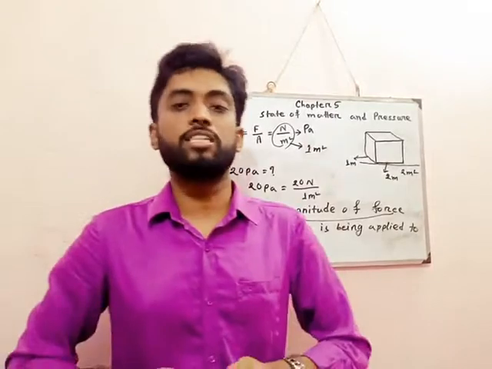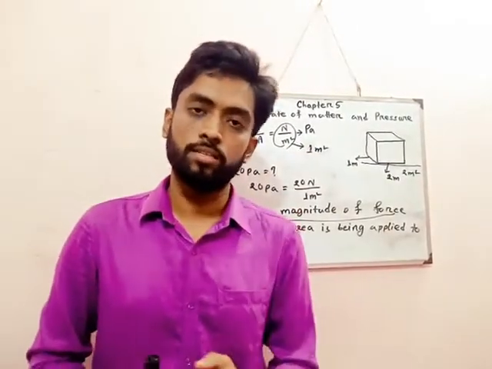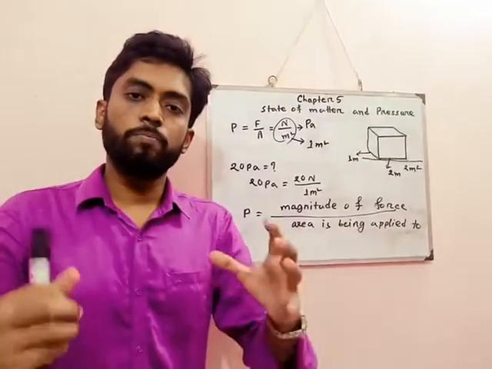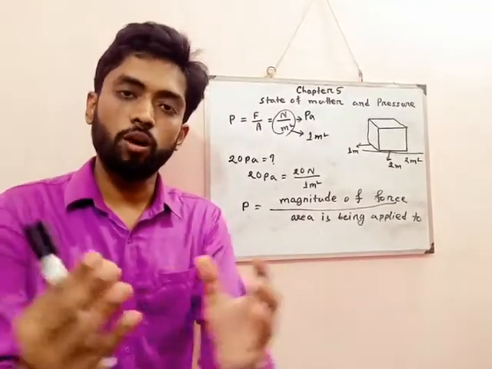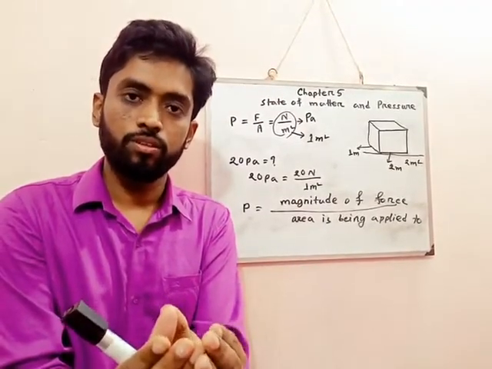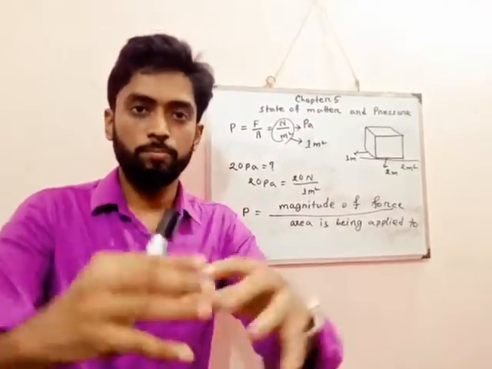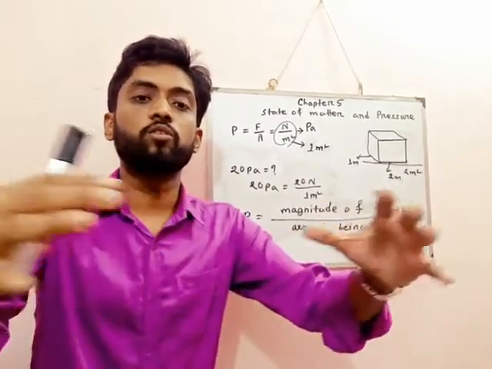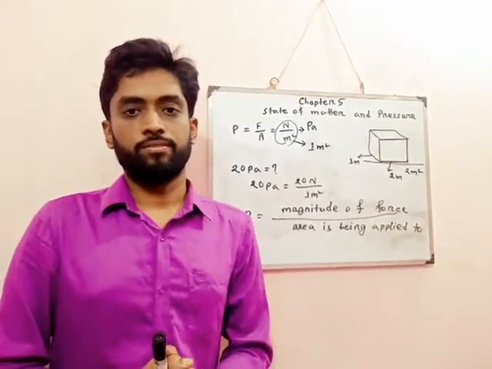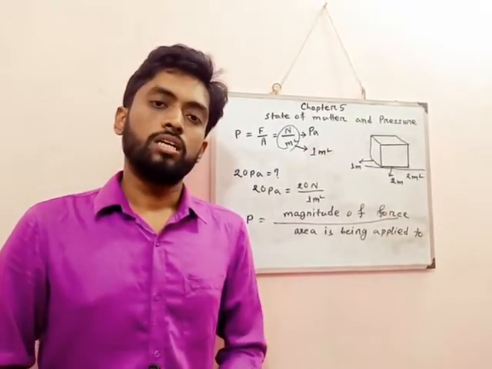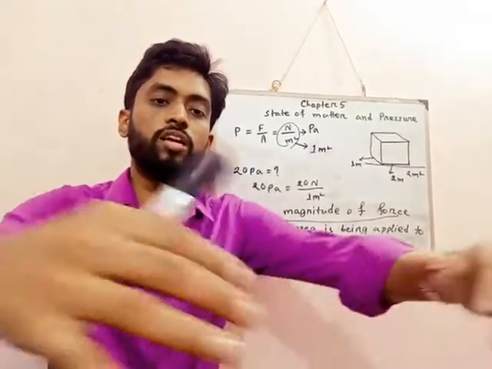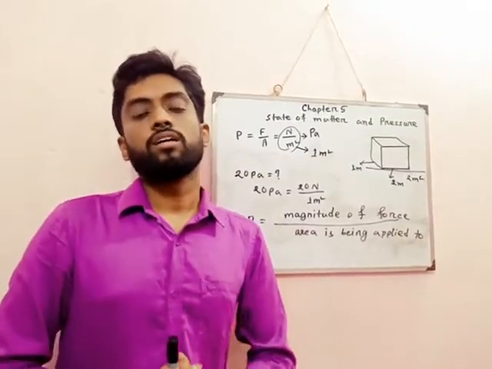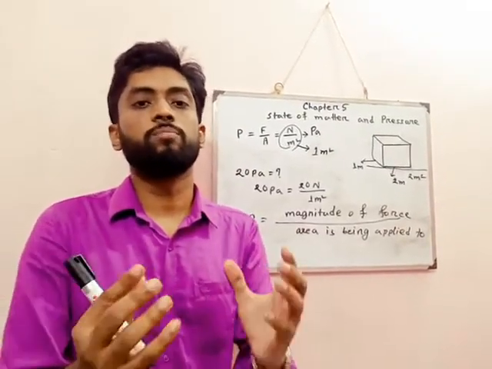So you must remember two important things. First, if force is distributed on a small concentrated area, then the pressure will be large. But if force is distributed on a large area, then the pressure will be relatively small.